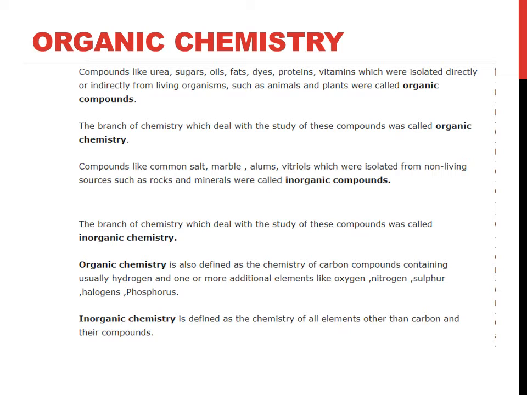Organic chemistry is also defined as the chemistry of carbon compounds containing usually hydrogen and one or more additional elements like oxygen, nitrogen, sulfur, halogens, phosphorus. Inorganic chemistry is defined as the chemistry of all elements other than carbon and their compounds.